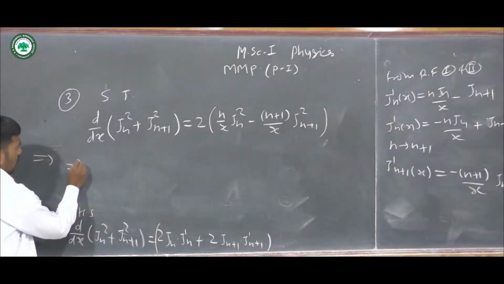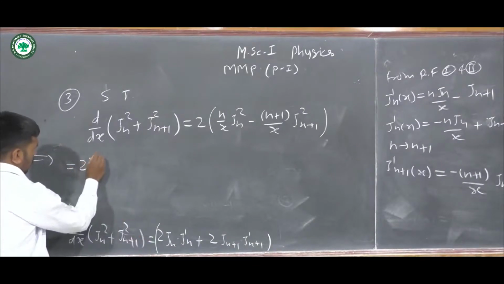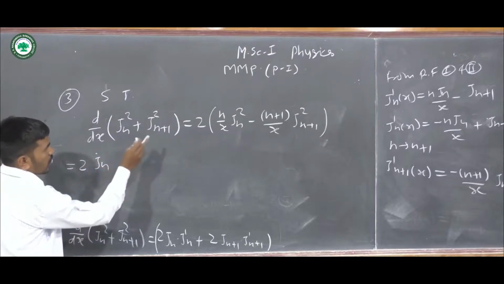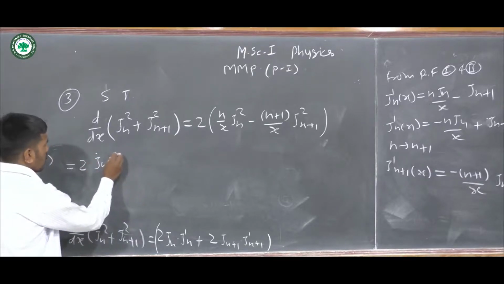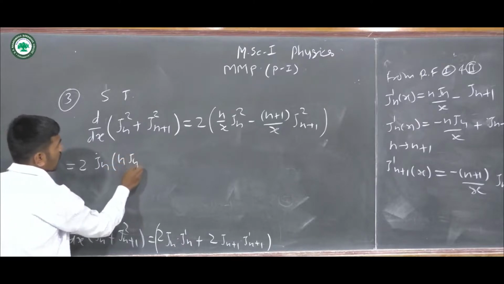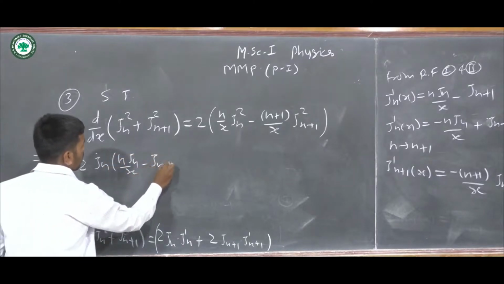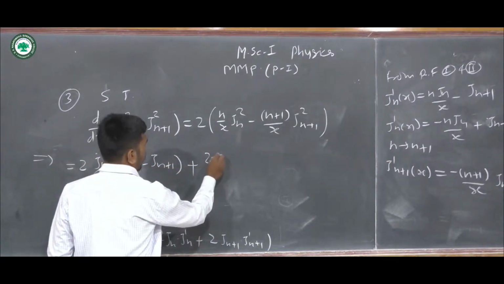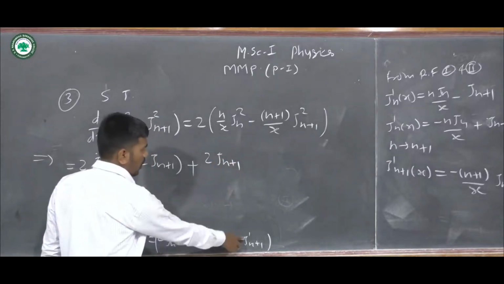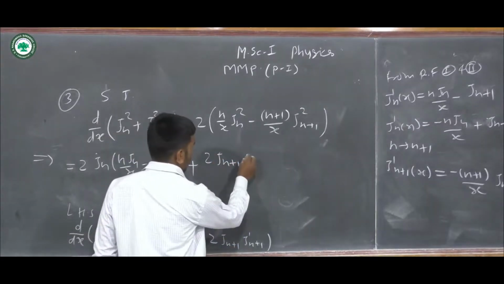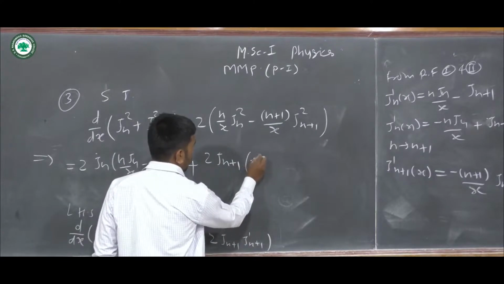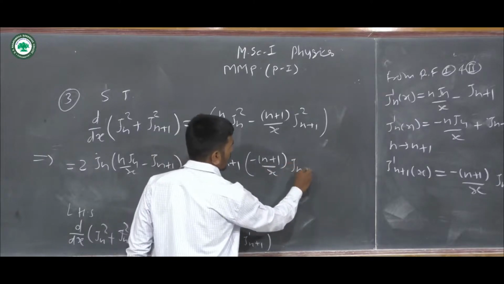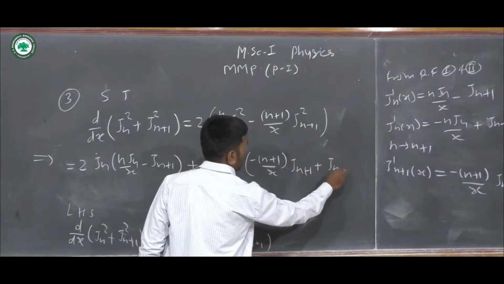So it is 2 Jn, and J prime n from equation number one is n Jn by x minus Jn plus 1, plus 2 Jn plus 1, and J prime n plus 1 from equation number two is minus n plus 1 divided by x into Jn plus 1 plus Jn.